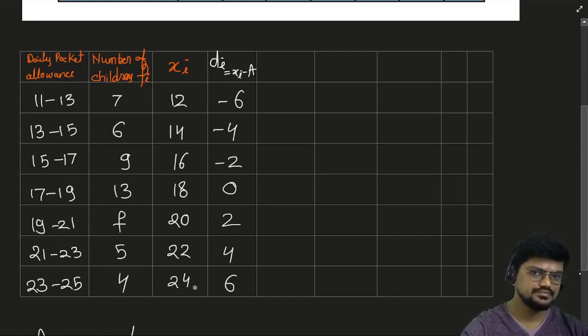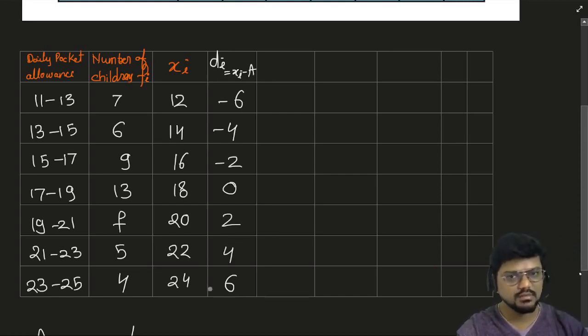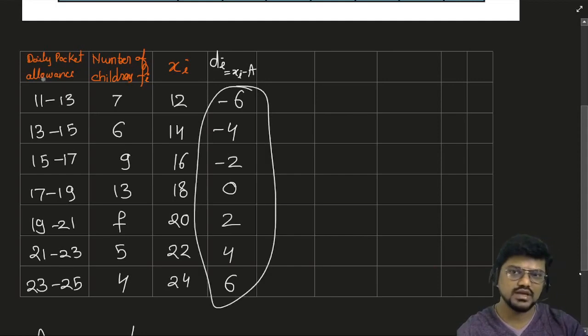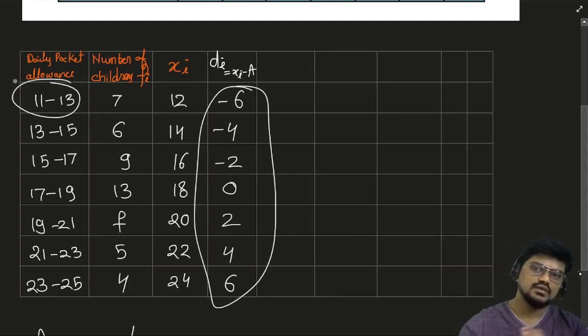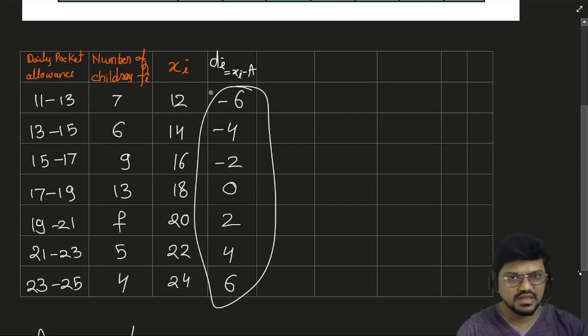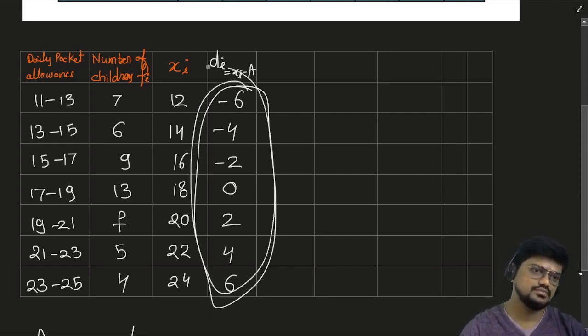Got it? This was the middle value. That's why I've taken 18. See, these counts are almost the same kind of. Now again, we'll check whether these numbers are multiples of the class interval. From 11 to 13, what is the class interval? That is 2. So these numbers are multiples of that.